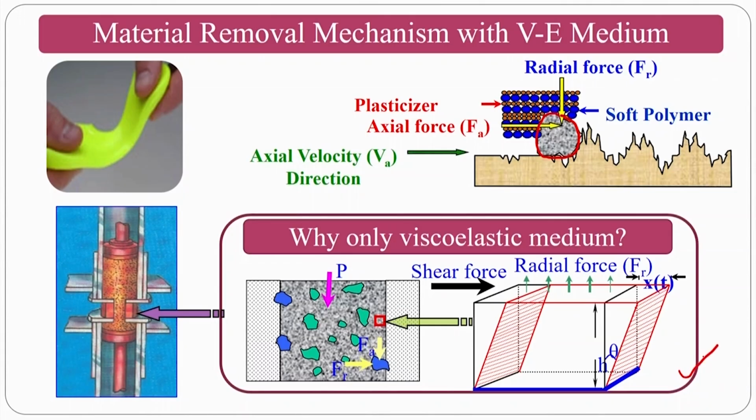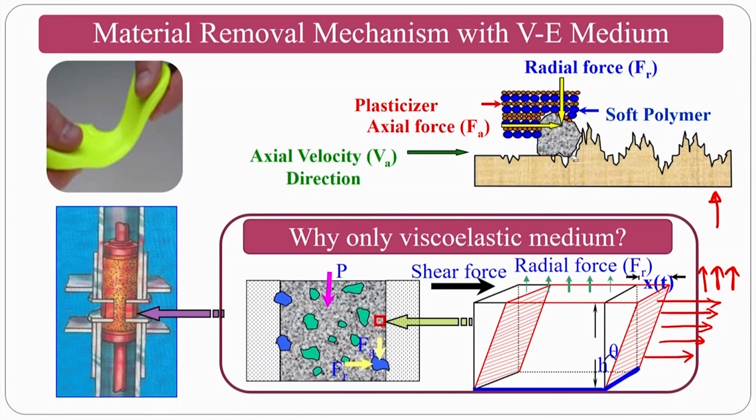Whenever you have an extrusion pressure, the viscous component tries to move in this direction. This is the direction of applied pressure, and the elastic component moves in the perpendicular direction. Because of these two, the material removal will take place. This viscous and elastic effect will support the abrasive particle. That is what we are seeing in the above picture.